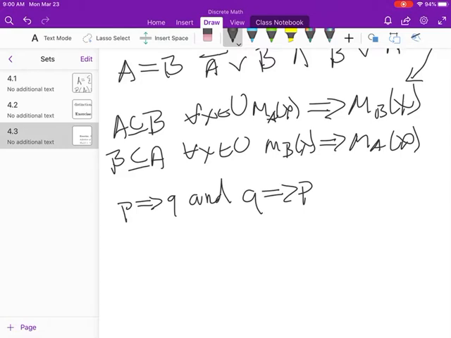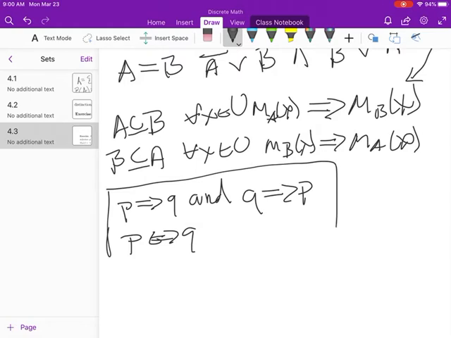Well, what would we put between P and Q? It would be P if and only if Q. So this is from chapter 2.